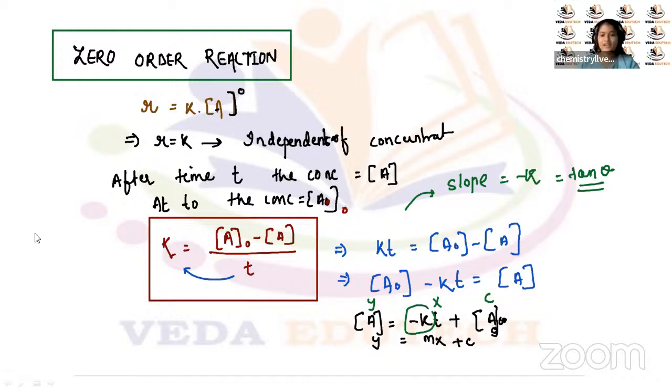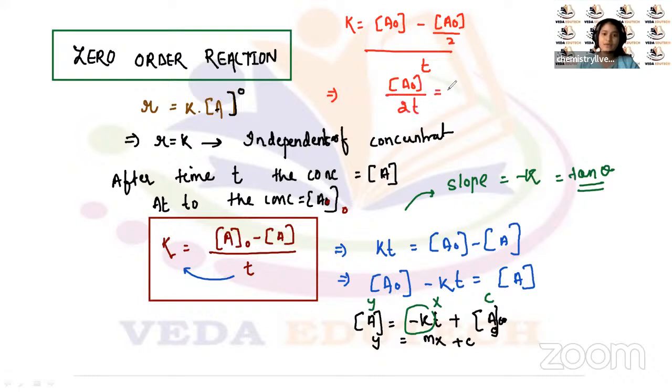Now we talked about the half-life of first order reaction. Let us talk about the half-life of this one also. If I say that k is equal to a naught minus a, now what will be a? It will be half, because half is completed, so half is remaining, by t, which implies a naught by 2t equals to k.